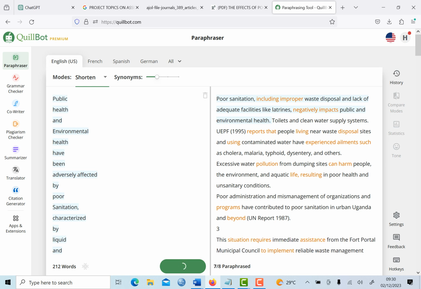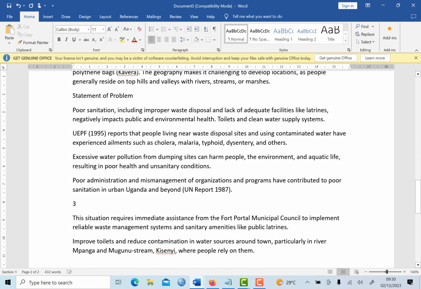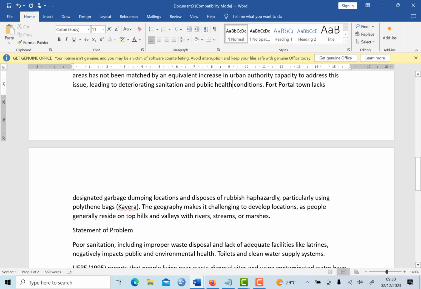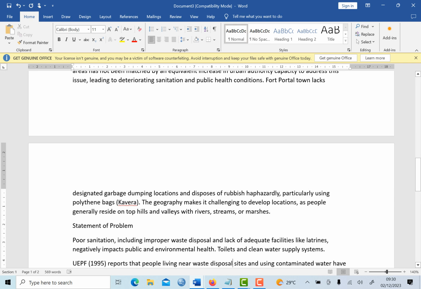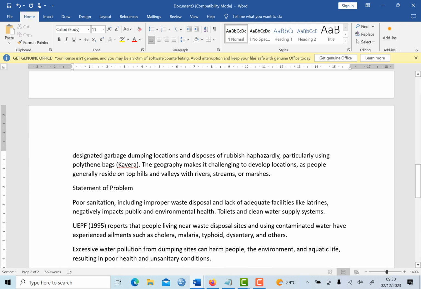So after this, now we are going to be raising our objective, as in our guide of this study. See, also including waste disposal, lack of adequate facilities like latrines, toilets and clean water supply systems negatively impacts public and environmental health.